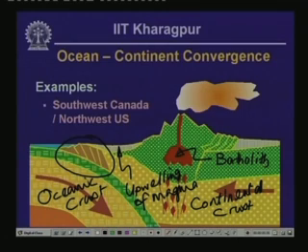Typically this type of ocean to continent convergence leads to the development of volcanoes along the margins of the continental crust, and on either side of this volcano there are thrust zones.